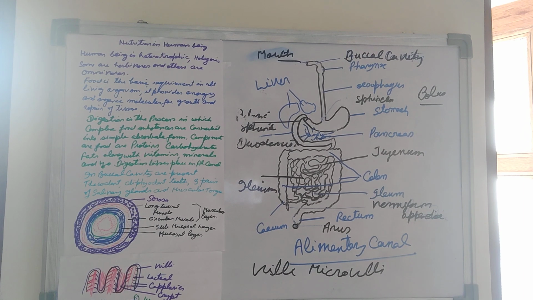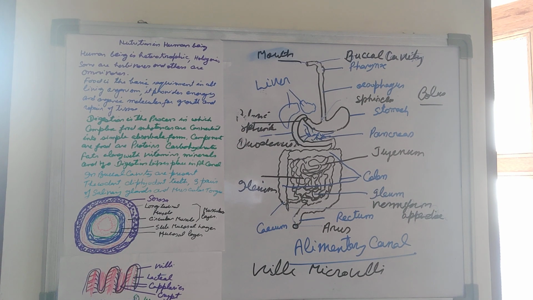In addition, to maintain the medium in which these enzymes can function, some ions are also released: sodium ion, potassium ion, bicarbonate ion, and HCl. These are released where they are required to maintain the medium for the functioning of the enzymes.